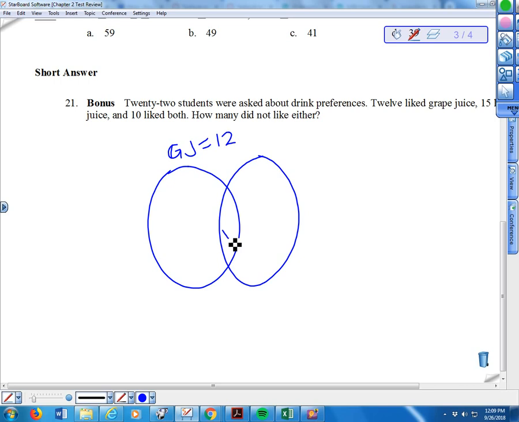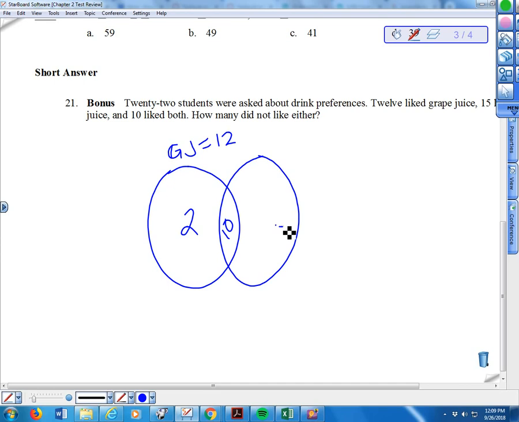So this is 10. Altogether, 12 liked grape juice. So how many is outside of this intersection? 2. So I need to figure out what this number is.